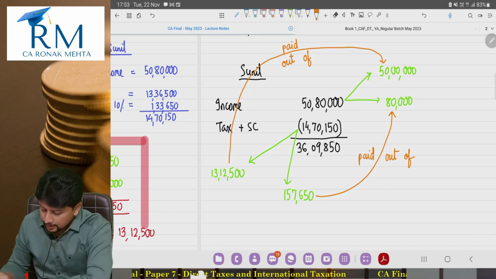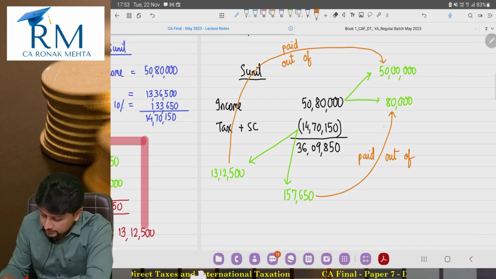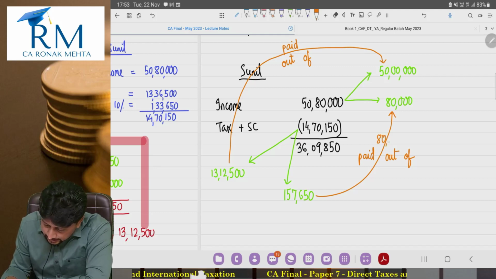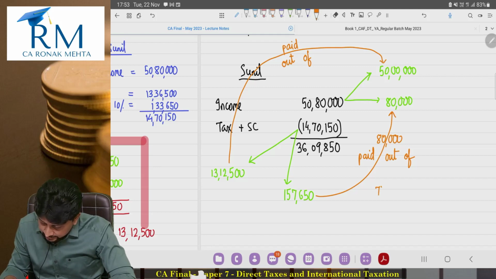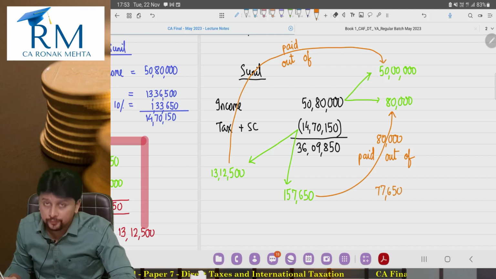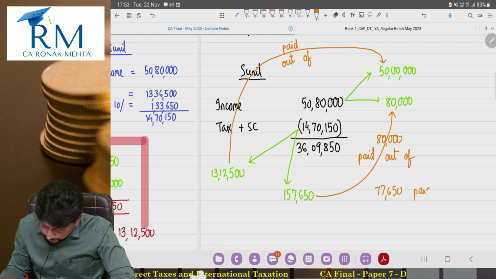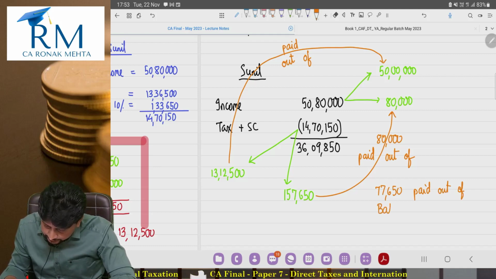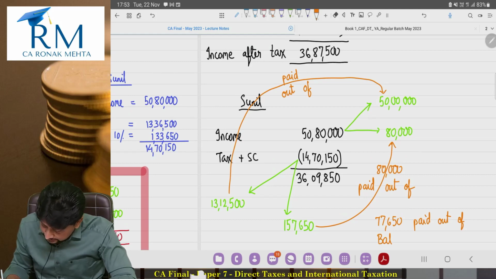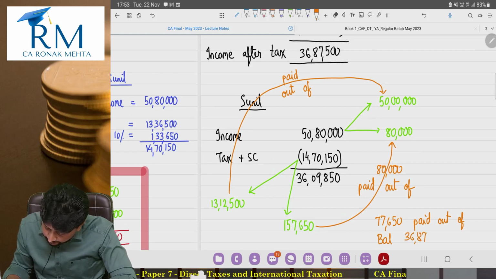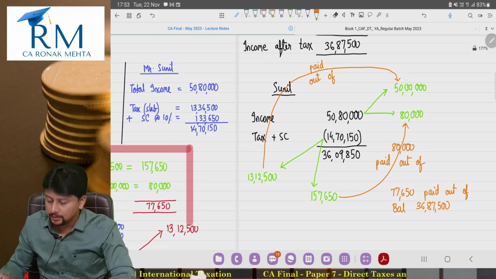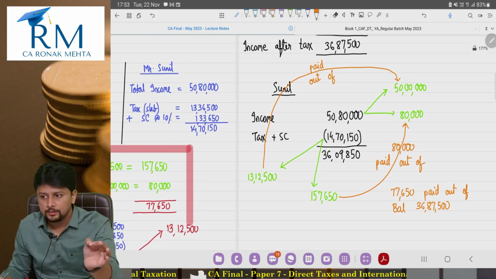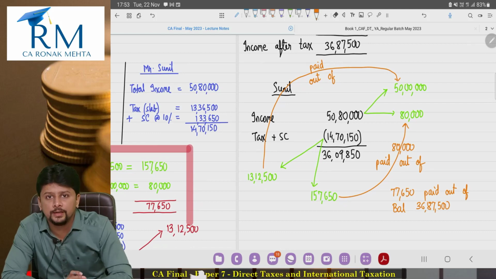In fact, if you carefully think about this, you will understand that 80,000 is paid out of that extra income, and that 77,650 is paid out of the balance 36,87,500, which is the income 50 lakhs minus tax 13,12,500.